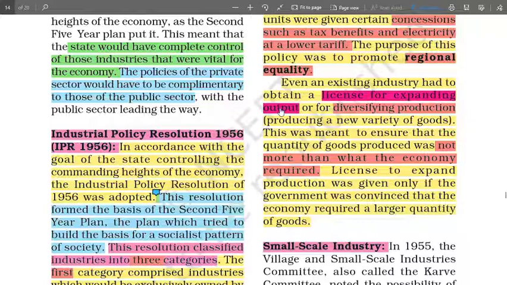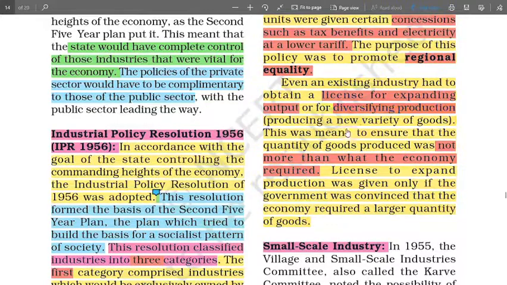But if you want to produce 20 quintals per day, you want to expand the output, you have to have a license again. Or you need a license for diversifying production. For example, initially you produce soap, because you've got a license for that, but now you want to produce medicine, you need again a license for diversifying the product.